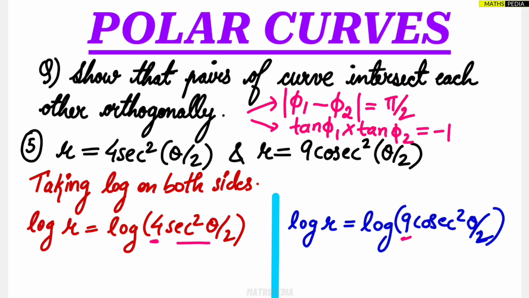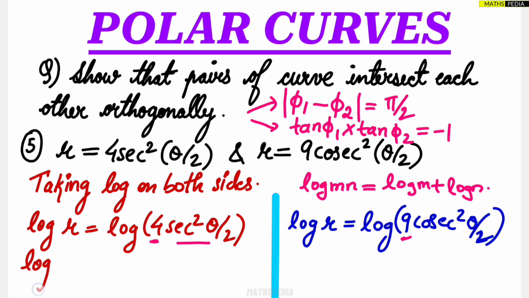So what we are going to do, we are going to apply one formula for log. Log property we have studied. If multiplication of two functions m and n are there, the log of the multiplication of those two functions will give you log m plus log n. So this property will apply here.